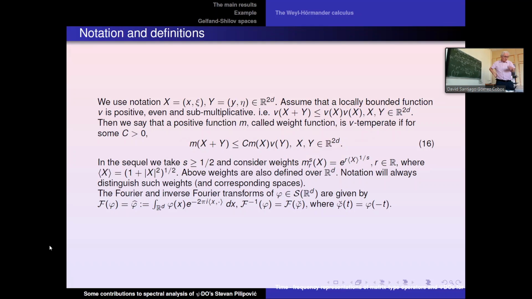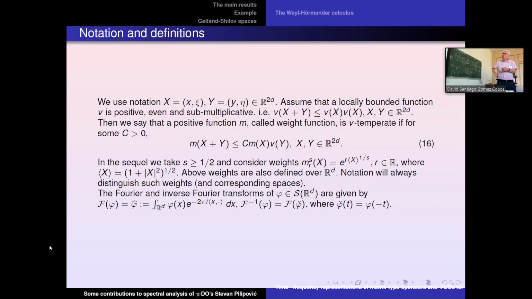Here I see this second paper, so I just repeat as we usually do in phase space. We have this kind of notation. We have this weight. I mean, for V, we have this kind of submultiplicity, and then with this V, we define the weights.